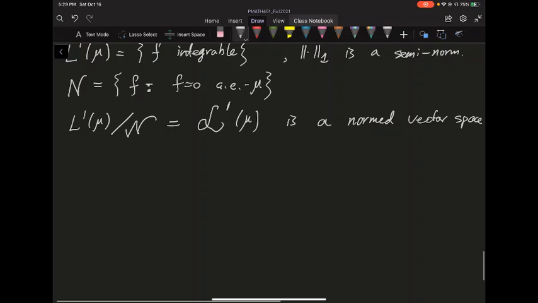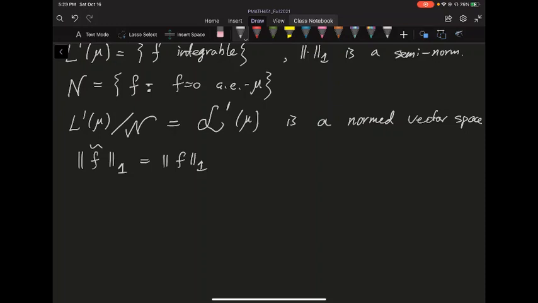So the norm on this L1 of mu, right now we abuse our notation: I define the norm of f tilde as the one norm as in the L1, the semi-norm. This is the standard notation.